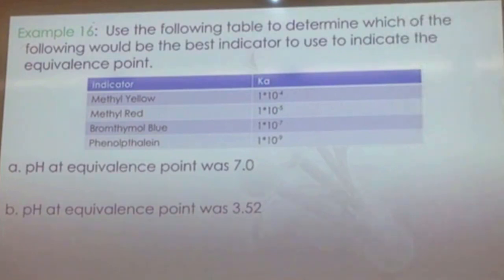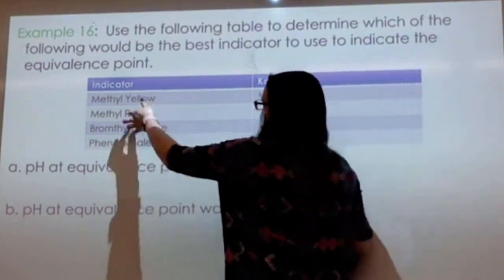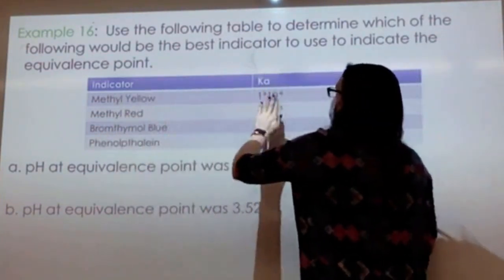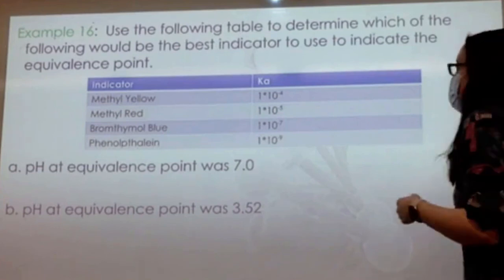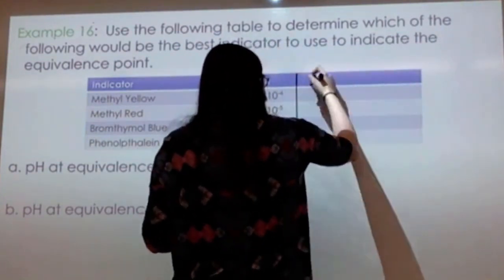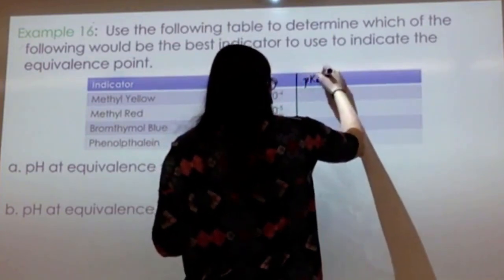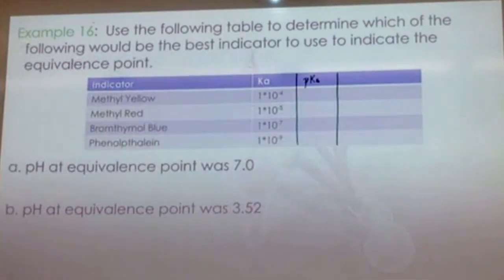So again, in this example, use the following to determine which would be the best indicator. Remember that an indicator lets us see pH changes qualitatively. These change colors when they are in a certain pH range. Now, the first thing that I would recommend doing is finding the pKa, because the pKa will help us determine the pH range of this indicator.